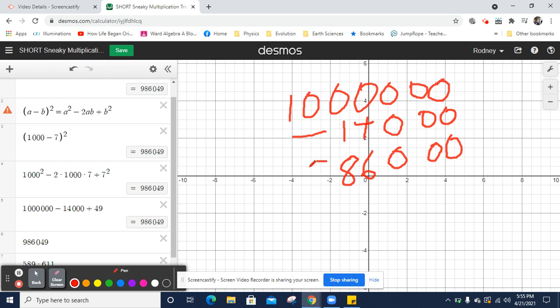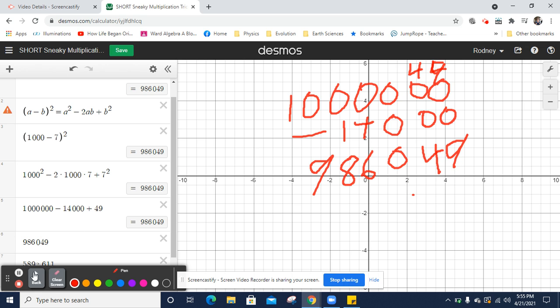And that will be a 9. And I borrowed from this and made it nothing. So there we have 986,000. And then since I'm going to also add 49 here, I'm just going to erase those last two zeros and replace them with a 49. So I'll put a 49 up here to remind myself that I'm adding that in.